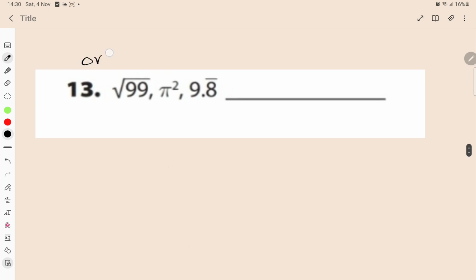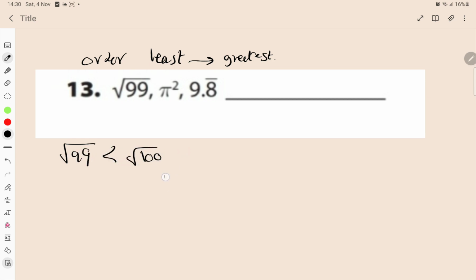Order. He is asking you to order from least to greatest. Estimate root 99. Upper estimate root 100. Why? Because 10 times 10 is 100. 9 times 9 is 81. 99 is in between 100 and 81.